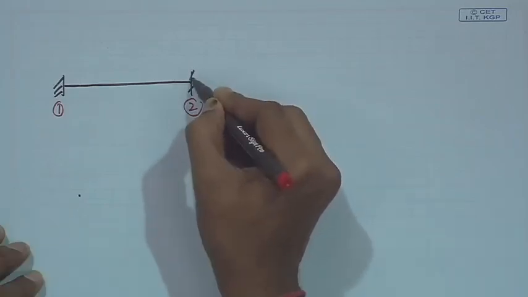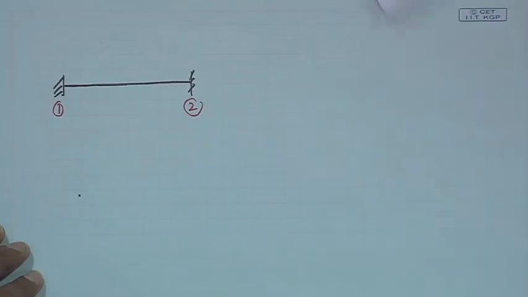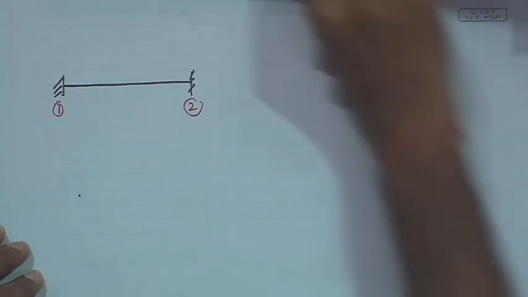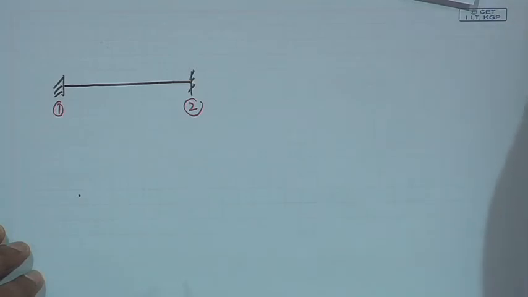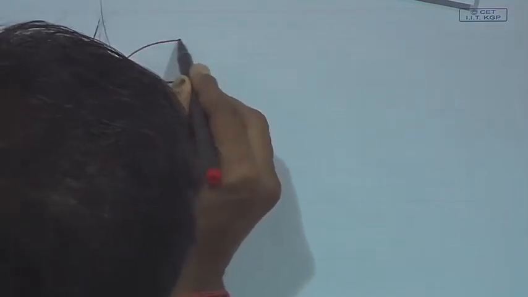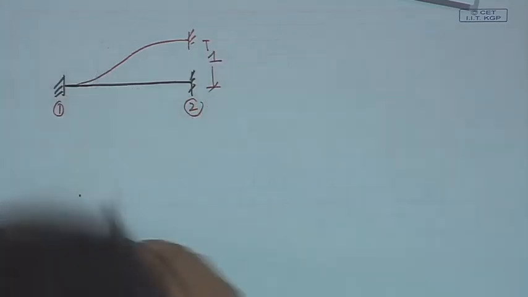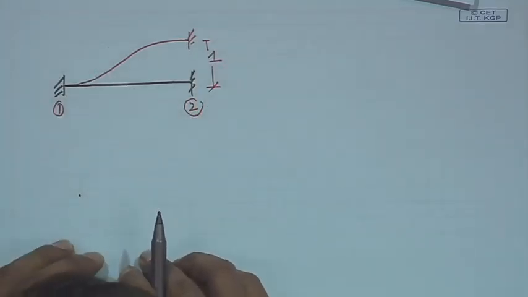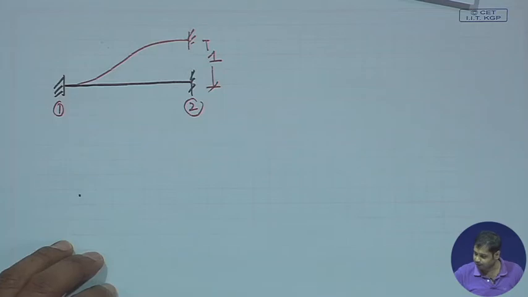Now, this joint is allowed to have translation in this direction, and if it translates like this, then the corresponding deflection will be like this. This is unity, and then the corresponding translation of the other joint will be like this.